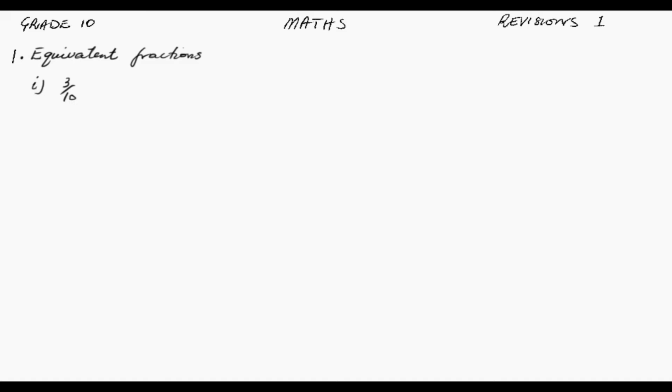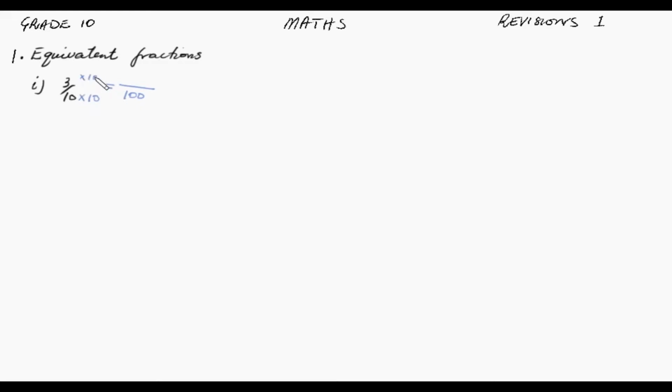All you need to do is to say, okay, I multiply 10 by 10 so that I get 100 as my denominator. Now, if you multiply by 10 in the denominator, you just have to multiply by 10 in the numerator to balance.